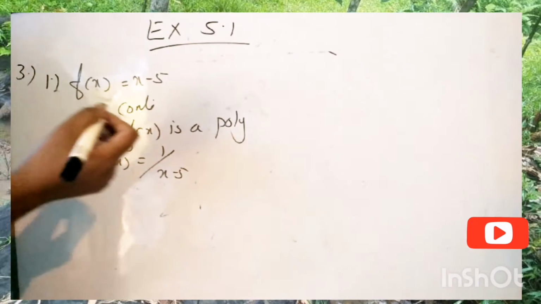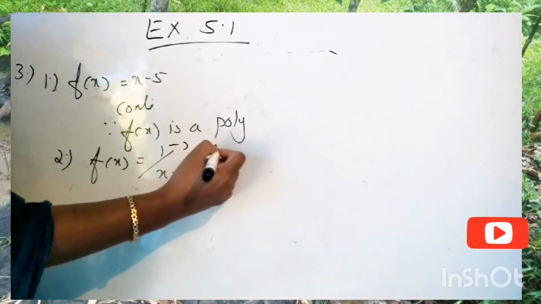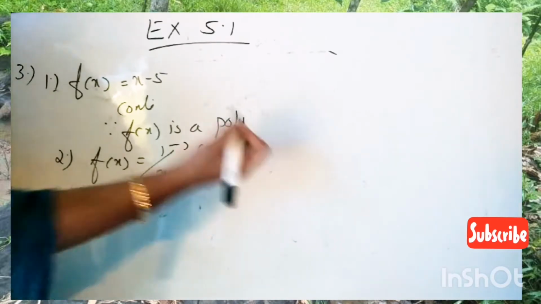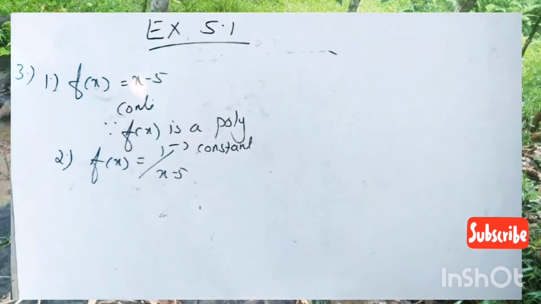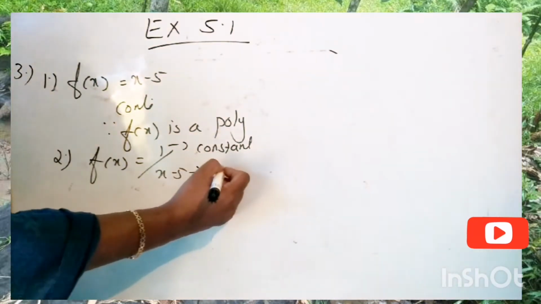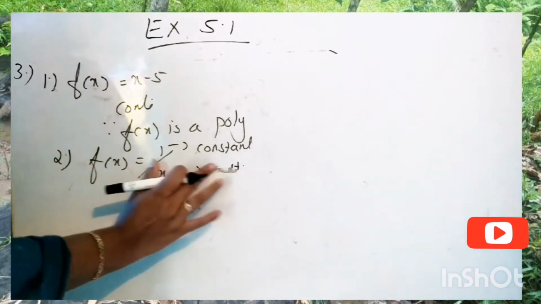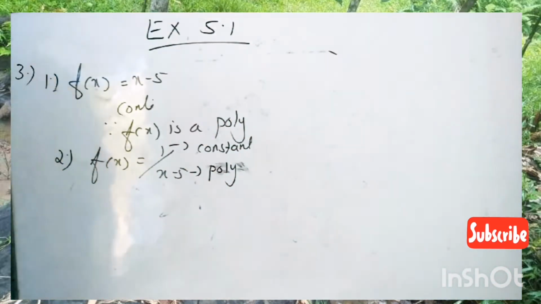There is no term which contains x, so that is a constant polynomial. And the denominator is also a polynomial.